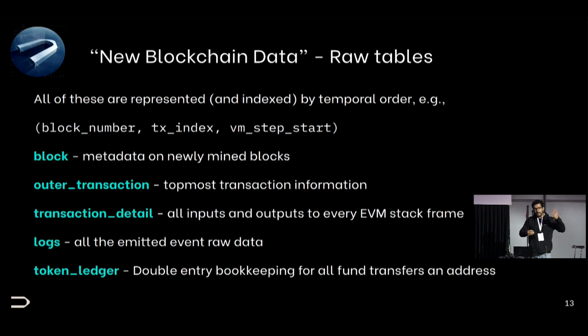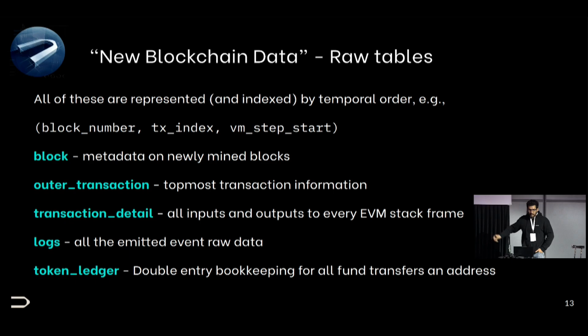So you can then do things such as join your event with transaction detail to also reason about the call data that was passed when that event was issued. An interesting table also is token ledger.